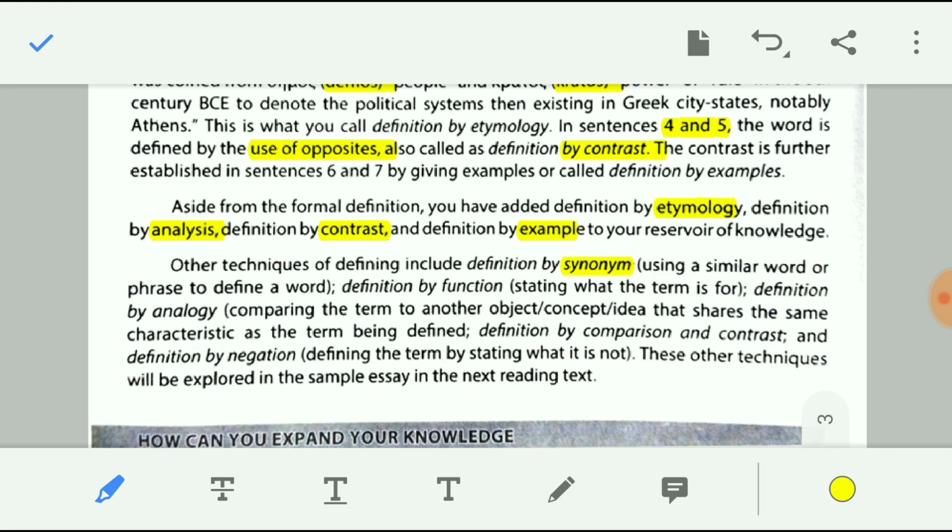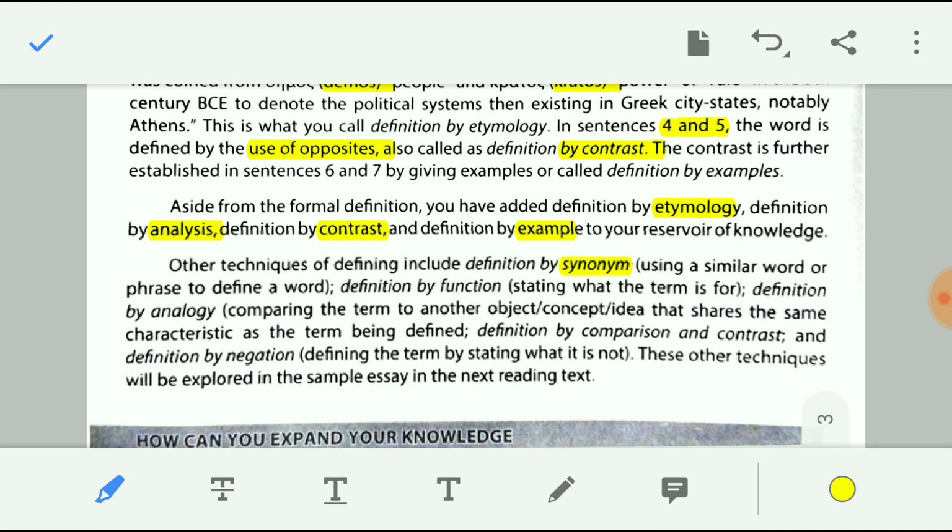Then you also have the definition by function. So what does it do? What is the term doing? And you also have definition by analogy, wherein you're comparing the term to another object, concept, or idea that shares the same characteristic as the term being defined.